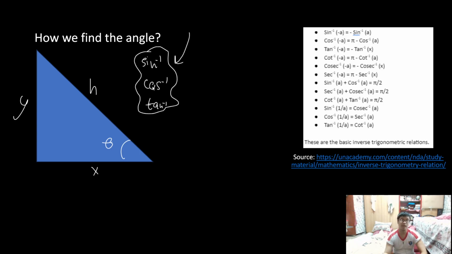Because in finding the angle, I told you earlier, all of the inverse trigonometric functions should result in the same thing. Just like earlier, 36.87 degrees for arcsine is also the same for the other inverse trigonometric functions. And I asked if we could use any of them, and the answer is yes. So overall, it's okay if you're going to use any inverse trigonometric function.